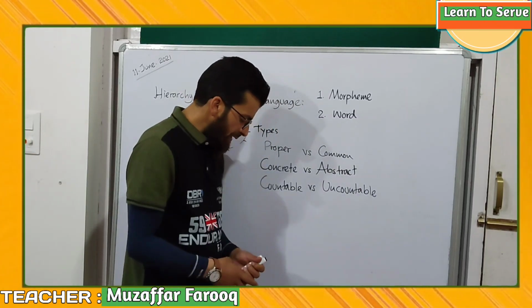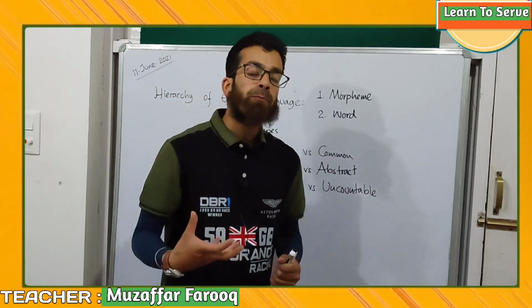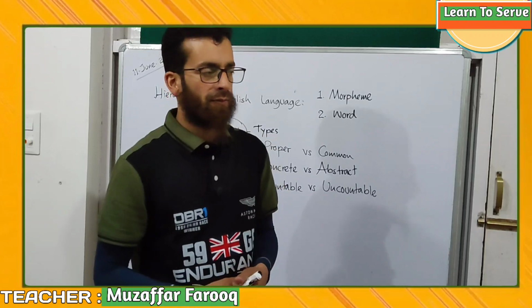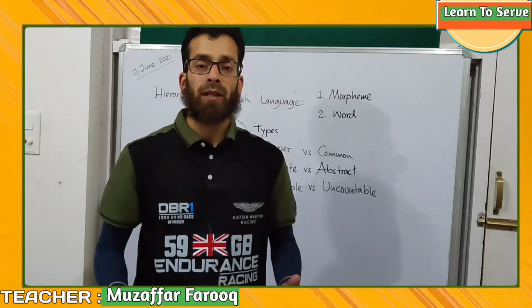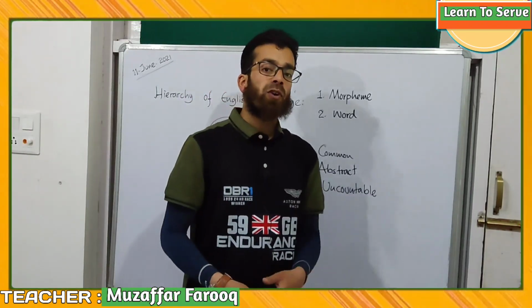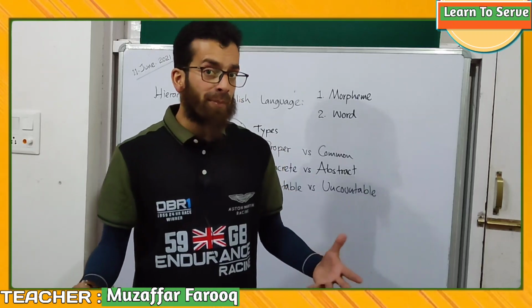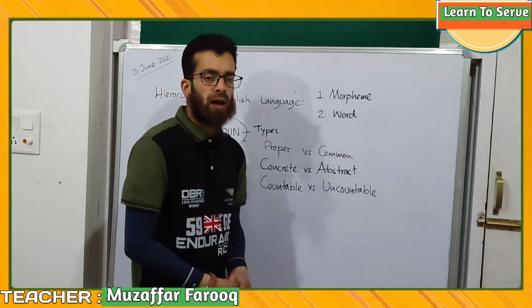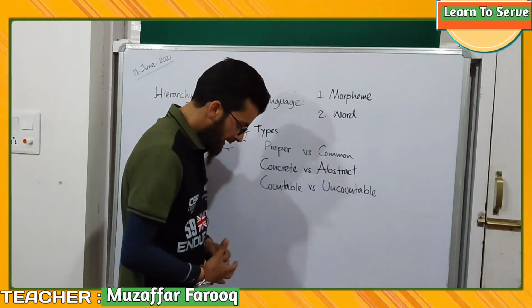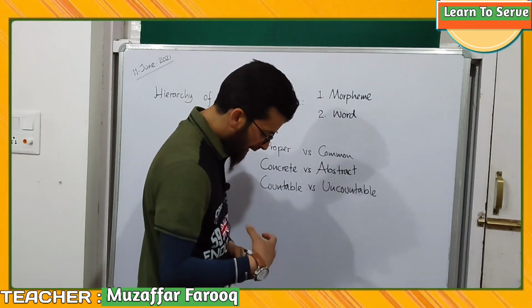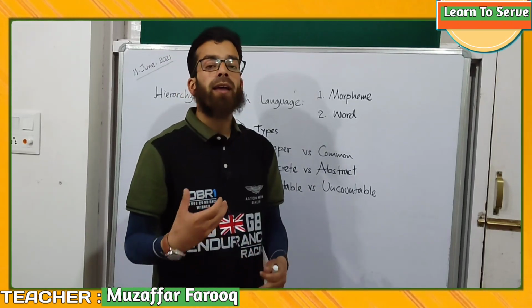Furthermore, countable nouns have plural forms. We have doctor, doctors, book, books, building, buildings, office, offices, pen, pens, bike, bikes. So countable nouns have plural forms. Okay. Countable nouns are preceded by a or an.